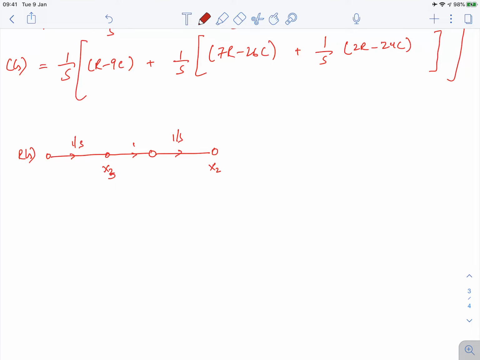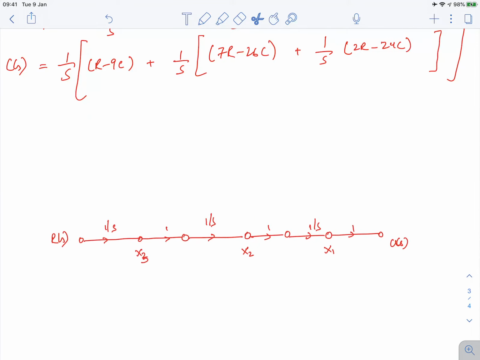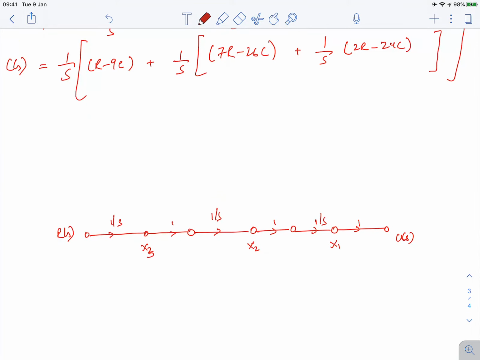Where we have this integrator. Now draw an extra node and we get our x1, and here we have c of s and 1. Okay, now let me take this... okay, this is better.